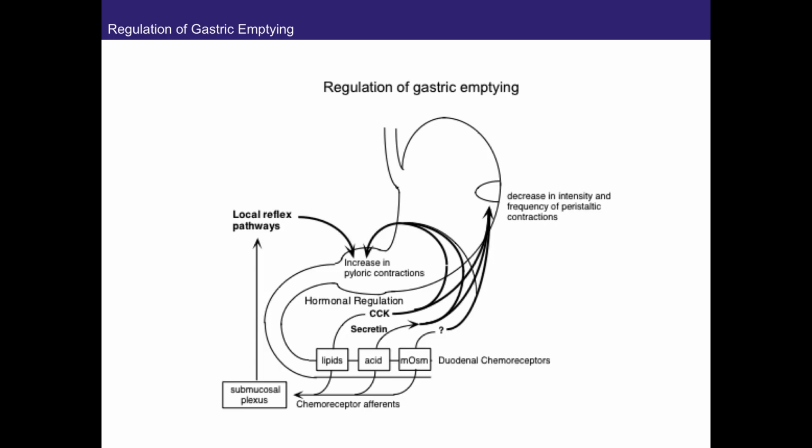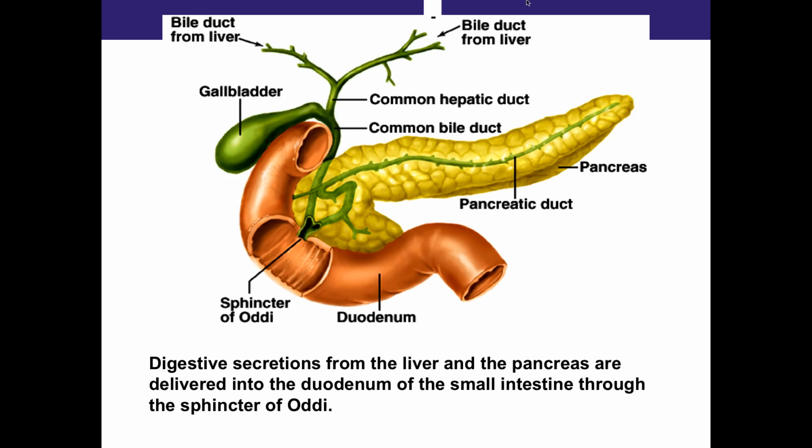So CCK decreases peristalsis, the motility, increases pyloric contraction, which decreases gastric emptying, and it triggers the pancreas to release lipases. Makes sense. It's detecting fats or lipids, and it's triggering the pancreas to release lipases into the small intestines to break down that fat.